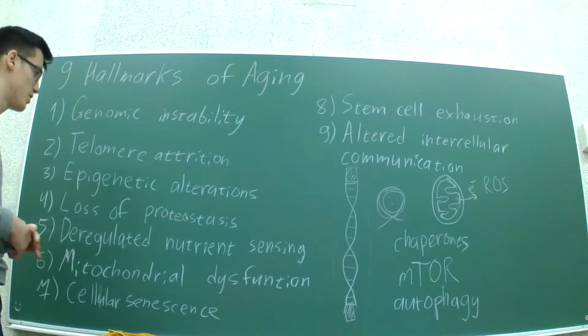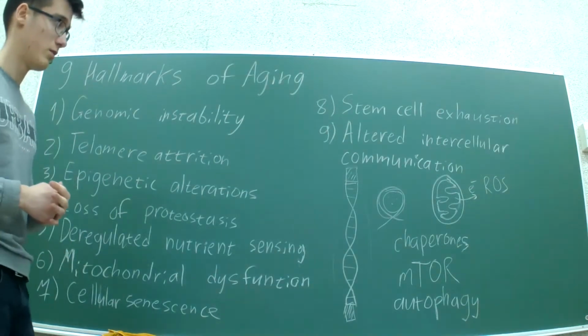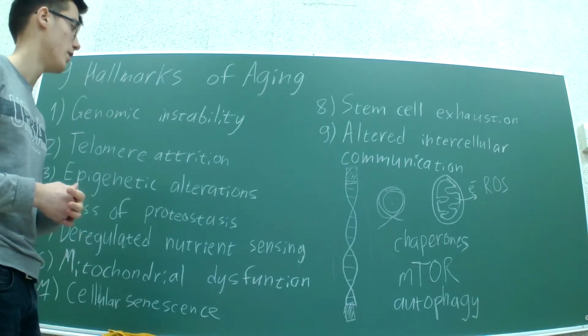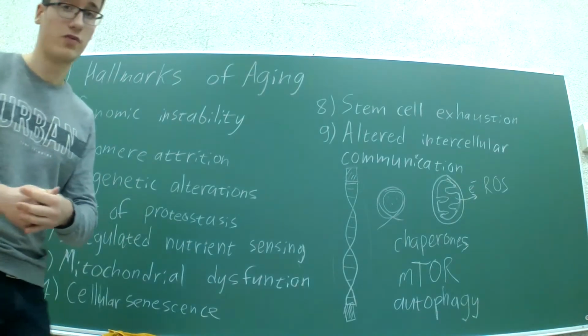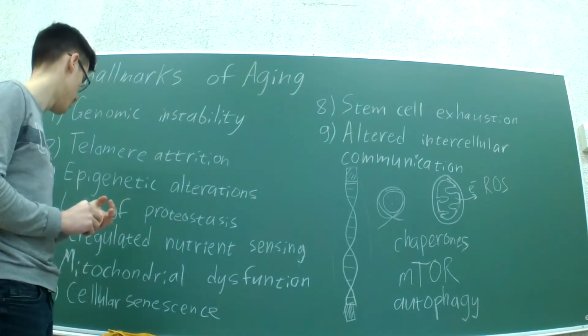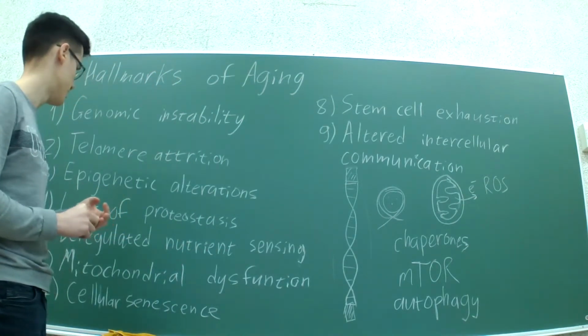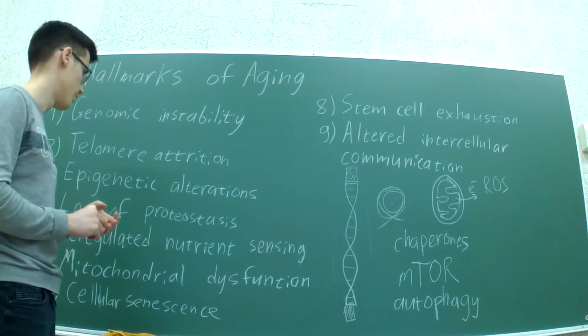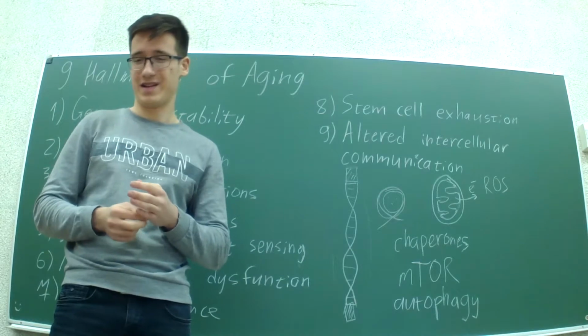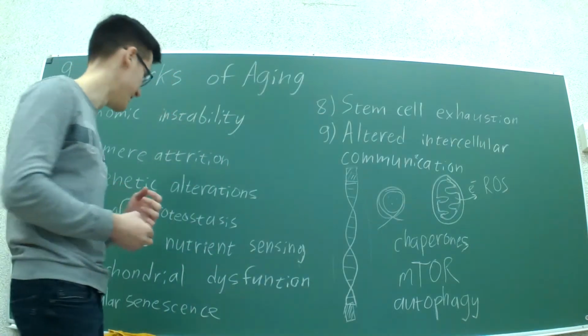Loss of proteostasis. We can activate our chaperones, stimulate their production, and decrease the amount of misfolded proteins. Then deregulated nutrient sensing. Well, caloric restriction is the solution for this one.